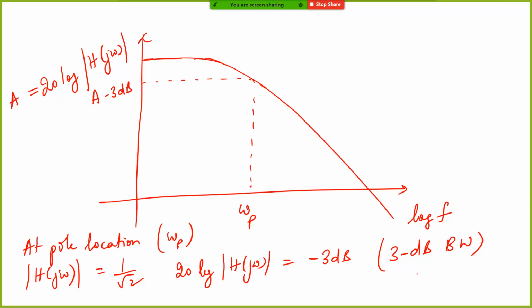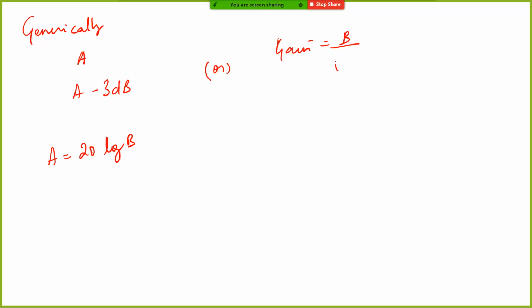In a more generic sense, if the gain of the system is, let's say, A, I will wait till it goes to A minus 3 dB, or in other words, if A can be written as 20 log of B, which is the gain, I will wait till the gain goes to B divided by root 2. And this is what I consider as the useful range of my amplifier.